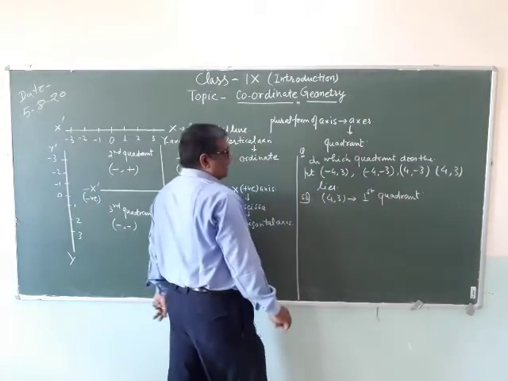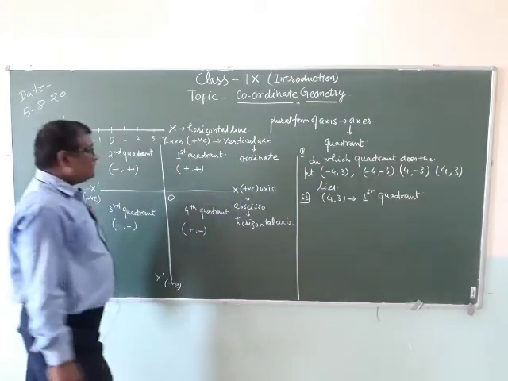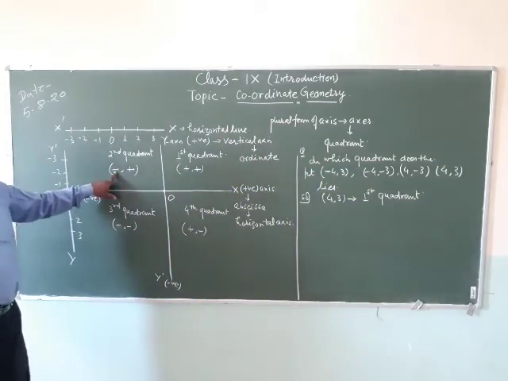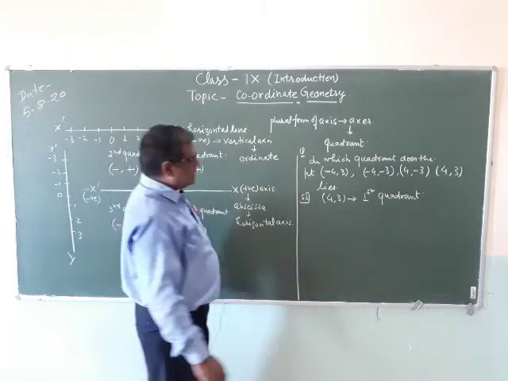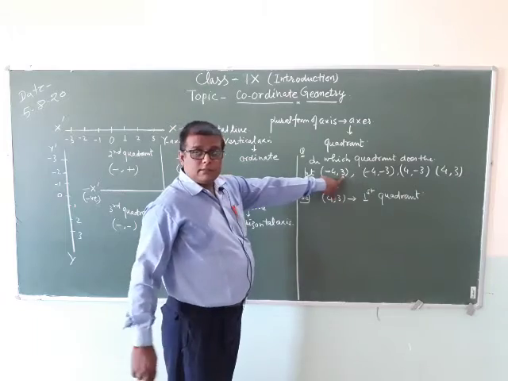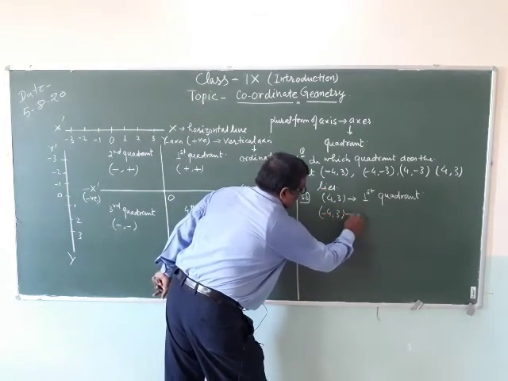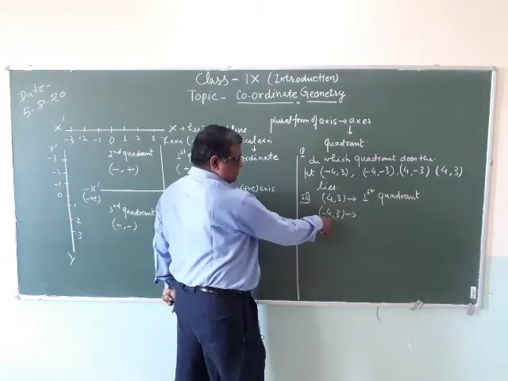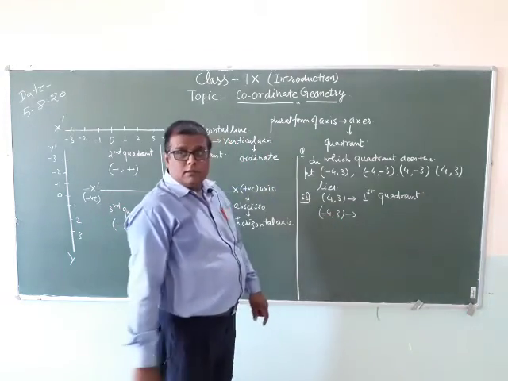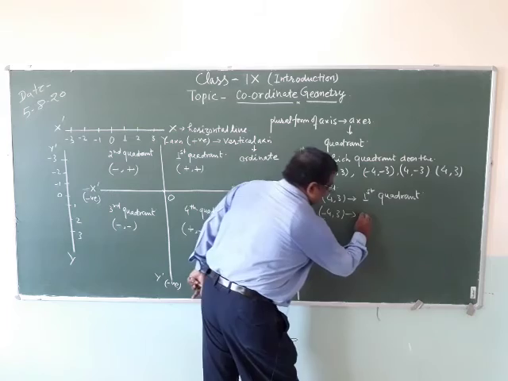Now again second, x is negative, y is positive. Now take (-4, 3); here x is negative, y is positive. This lies in the second quadrant.